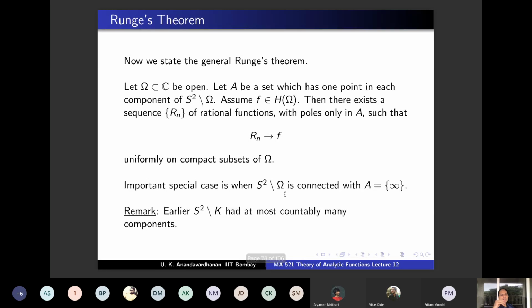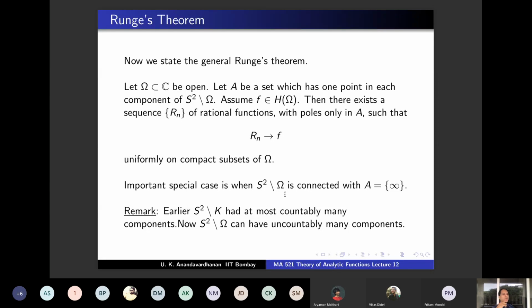And one more remark is that earlier when we dealt with compact sets, S2 minus K had at most countably many components, and Arjun indicated a quick proof in our discussion session, which is that each of these components are all open sets, and everything has a point with both the coordinates rational. So you can use countability of rational tuples and conclude that S2 minus K had at most countably many components. But S2 minus omega can have uncountably many components.